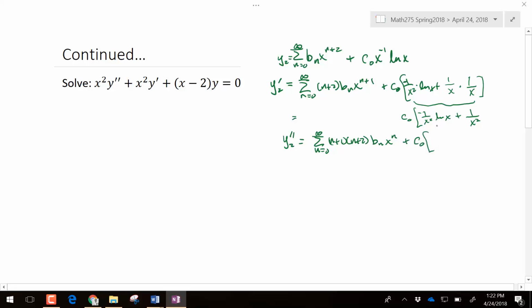Let's see, derivative of the first, it's 1 over x cubed times the second, plus the first times the derivative of the second. And then the derivative of this, which is minus 1 over x cubed. So we got minus 1 over x cubed and minus 1 over x cubed, that's minus 2 over x cubed.